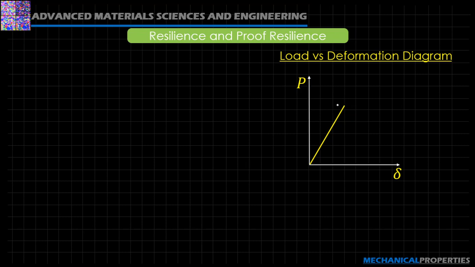Let's say this point is A. Till that there is a linear behavior between load and deformation, and this is known as the elastic limit. The material will give elastic behavior till point A, and after that there will be plastic behavior.